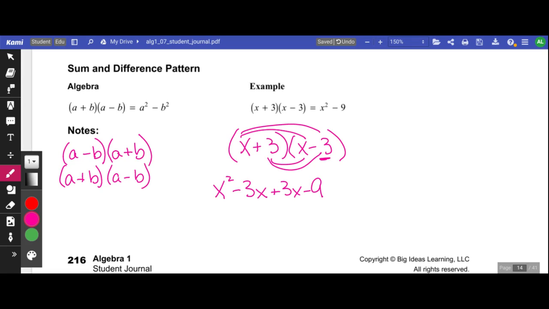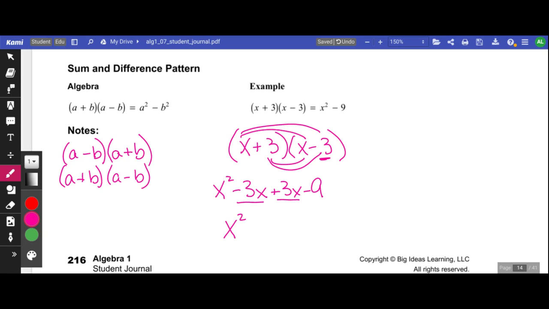Then I'm going to combine my like terms. Over here, we've got a negative 3x and a positive 3x. If I really wanted to, I guess I could write 0x, but that's not the most simplified it could be. Sometimes people try to simplify a 0x term down to just x, but it's really just nothing. 0x is just nothing.